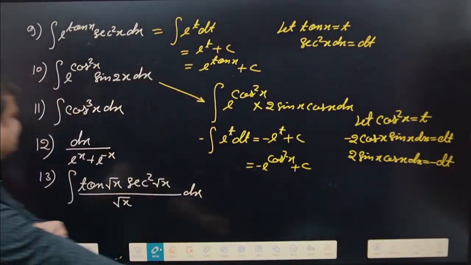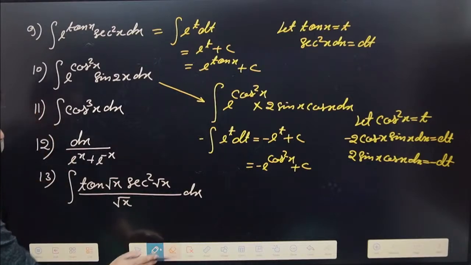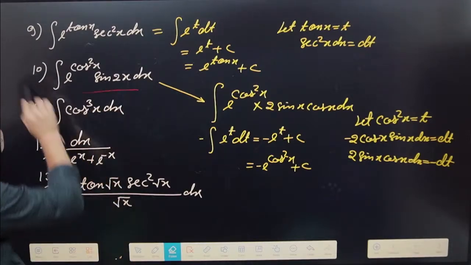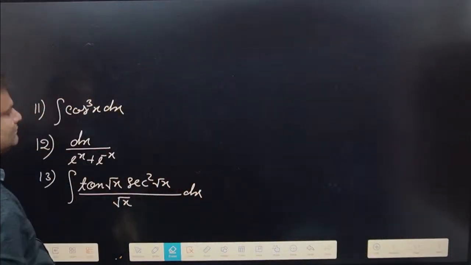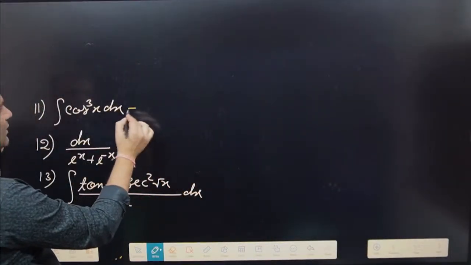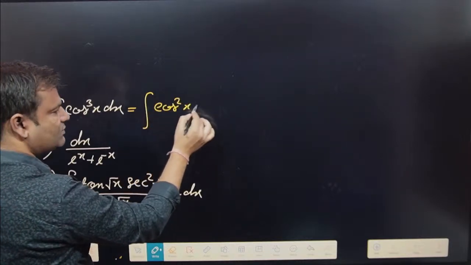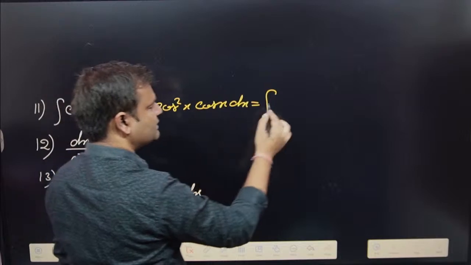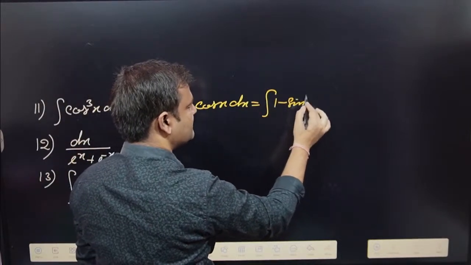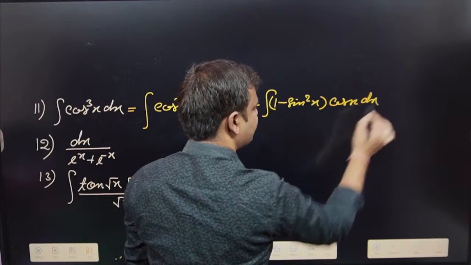After that, now we focus on question number 11. Now how can we do this one? It is written as cos square x into cos x dx, and this cos square x is replaced by 1 minus sin square x into cos x dx.